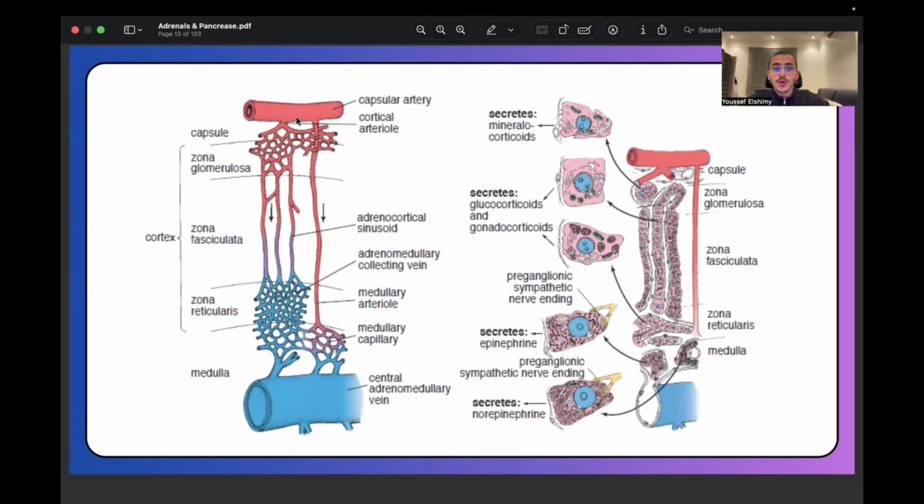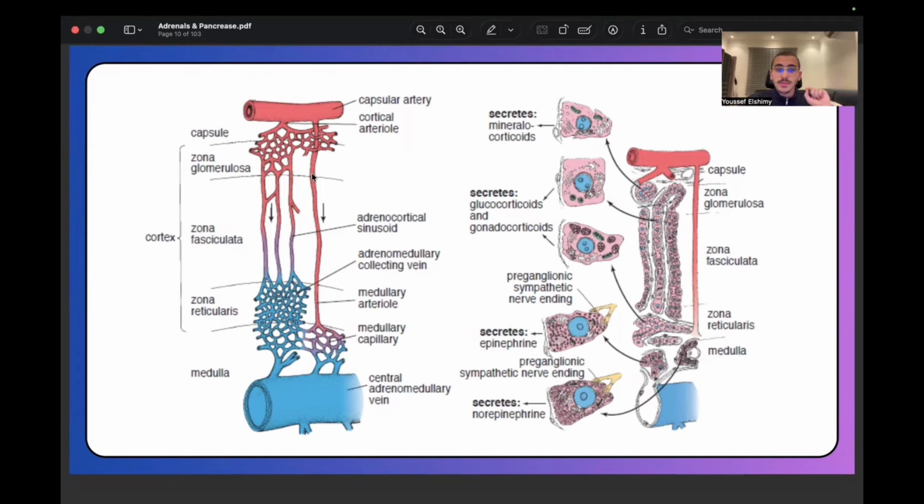And in order to supply the cortex, we have the cortical arteriole that then divides to form cortical sinusoids. Then these sinusoids merge back to form the adrenomedullary collecting vein, and this then ends up draining into the central adrenomedullary vein. Okay, this is the blood supply of the cortex.